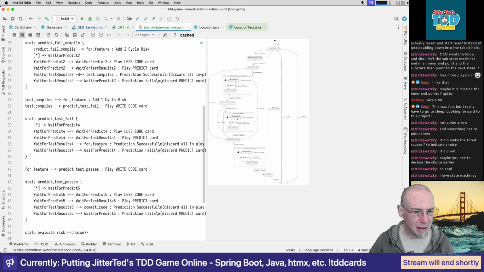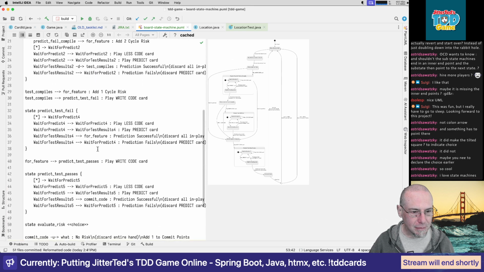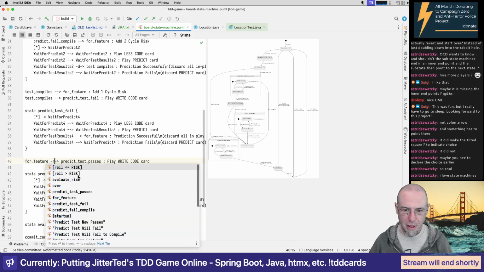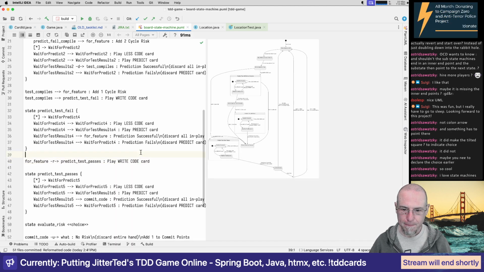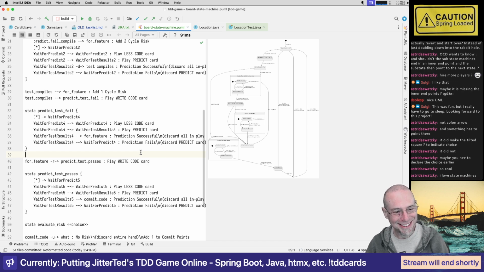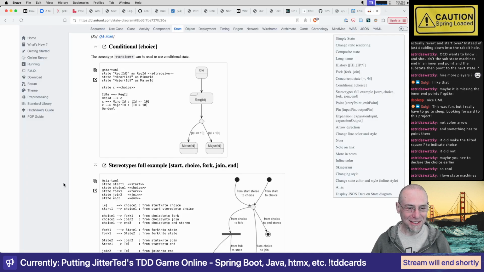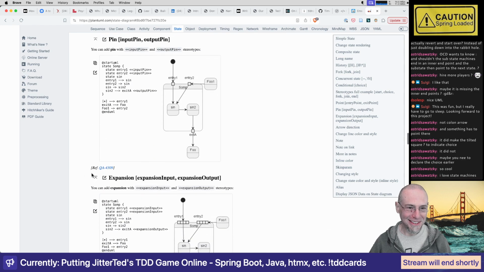I think if I do R, that helps a little bit. That's interesting. It didn't go to the right. It went to the left. It is R, right?